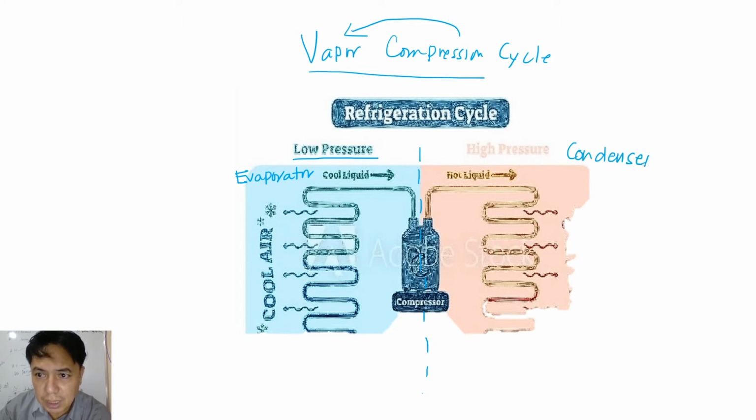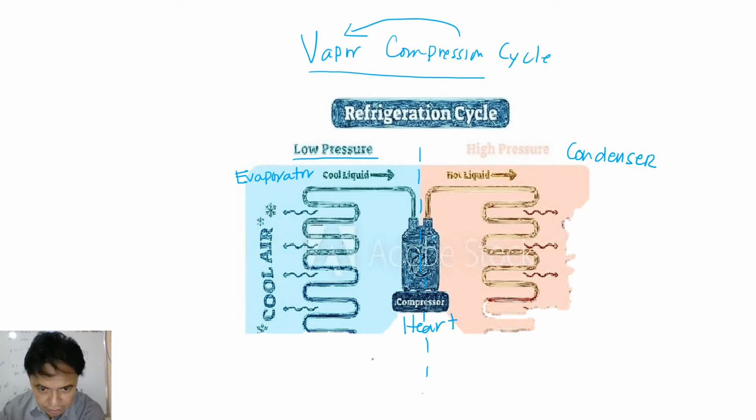This is happening on the condenser side, okay. So now the compressor is the heart, the center of the process. What the compressor does is compress the refrigerant, right? So the refrigerant is coming, for example, here, from the evaporator.